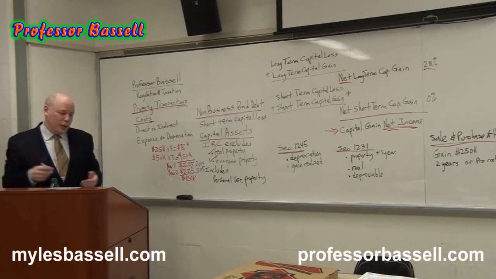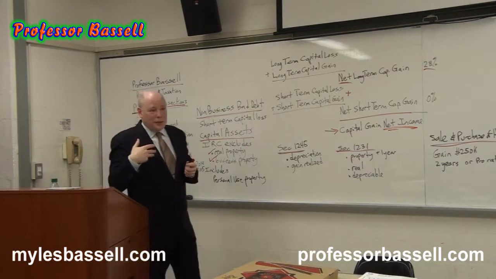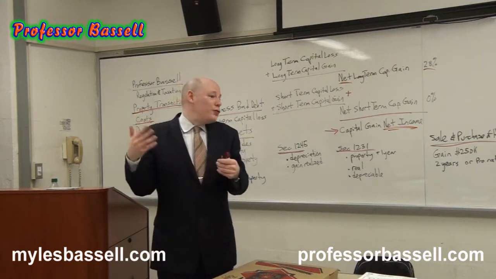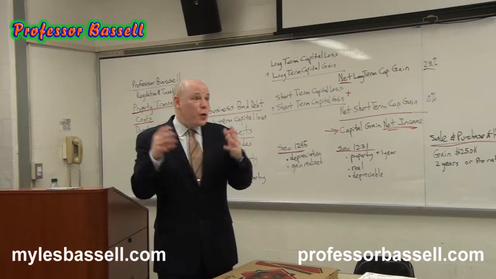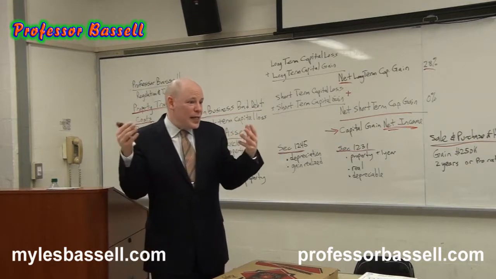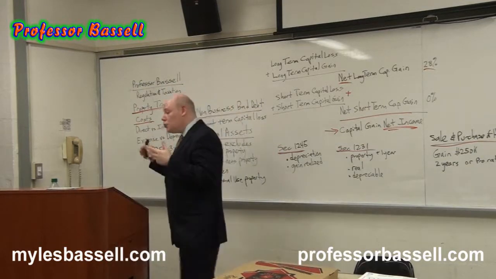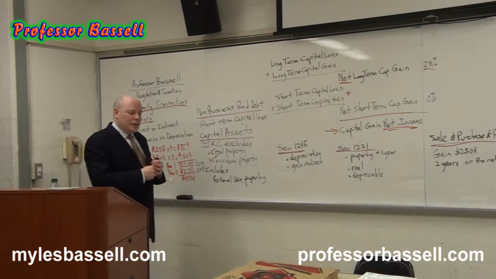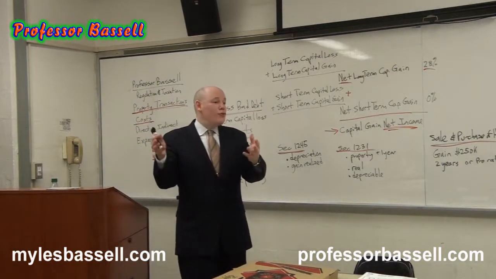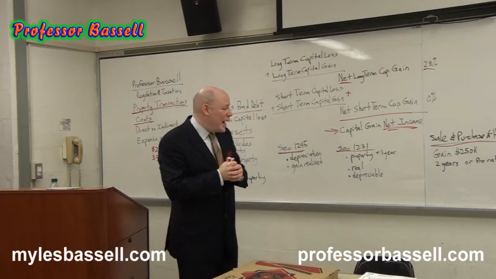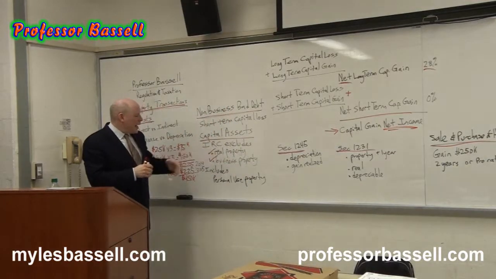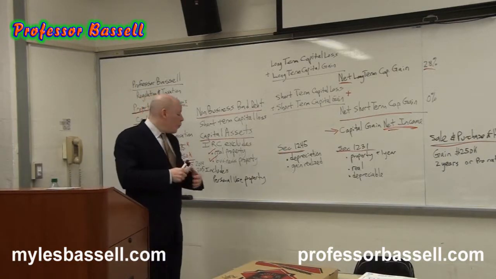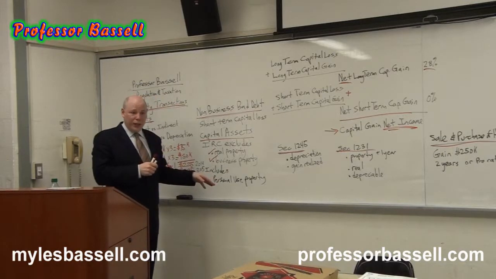That's also excluded. Now, we might disagree, but Congress says, well, we thought about this a lot, and you might disagree, but that's what we decided. That's what it says in the tax code, in the IRC, the Internal Revenue Code. You don't have to agree, but that's what it is. So keep that in mind in running your business, that these items in particular are excluded. Now, what about personal use property?